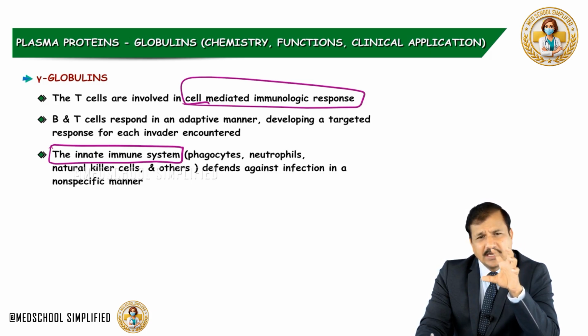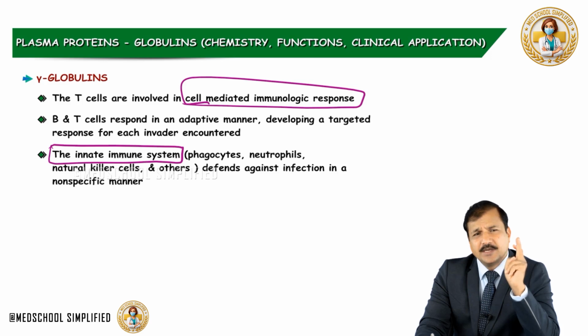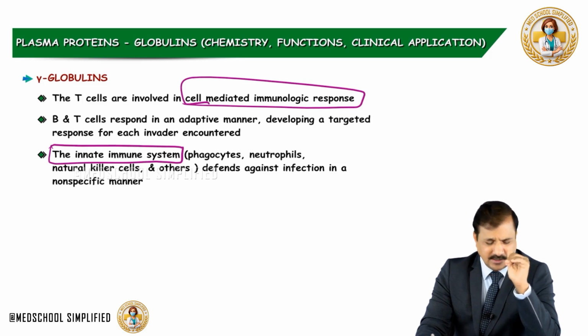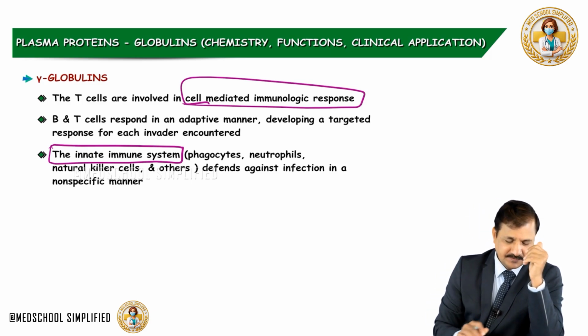All these cells defend our body against infection in a non-specific manner. So these are the three systems that fight against invaders: T cells give cell-mediated immunity, B cells give humoral immunity, and the innate immune system works through monocytes, macrophages, phagocytes, and natural killer cells.